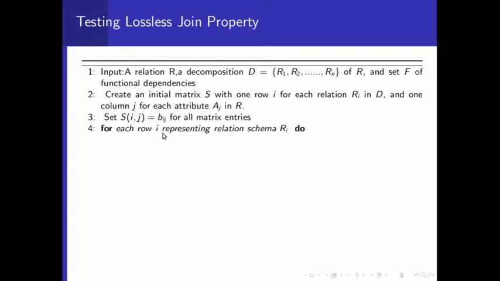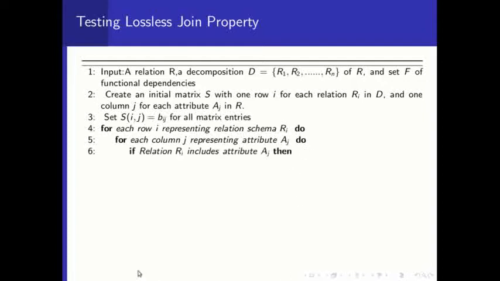For each row i representing relation Ri, and for each column j representing attribute Aj, if relation Ri includes attribute Aj, then set Sij equal to aj. So the matrix is initially initialized with b symbols, for all rows and all attributes.